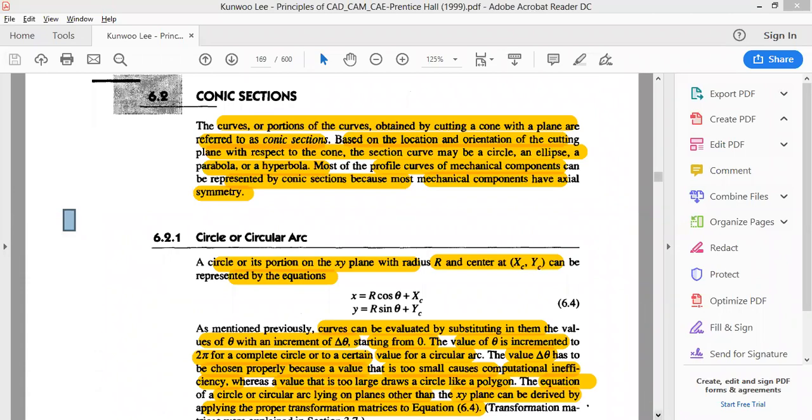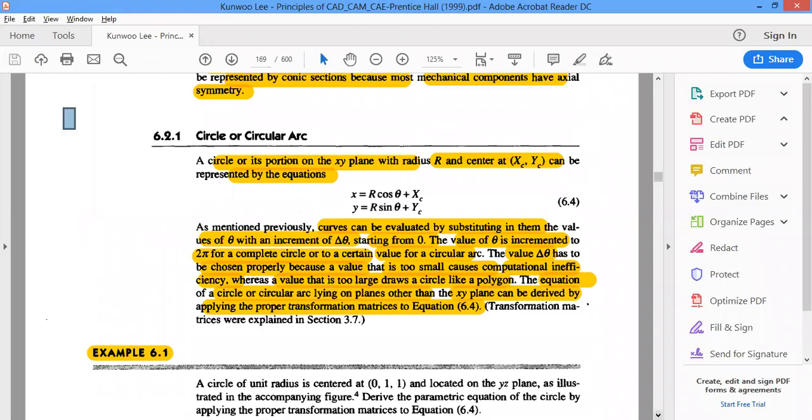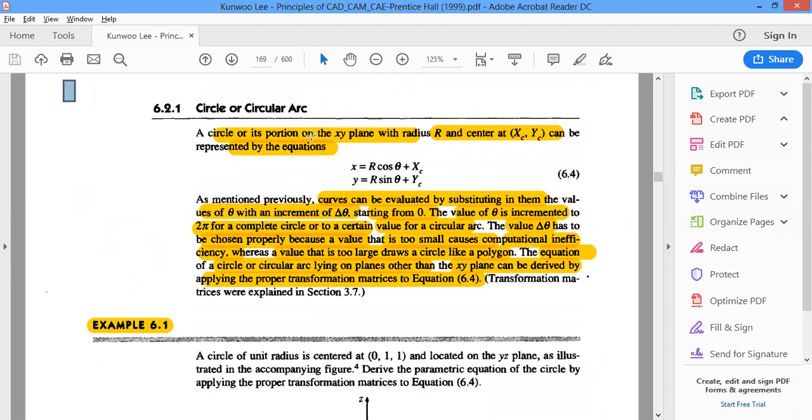So for a circle, let us assume that we have a circle on the xy plane. Let me draw that. We are going to have a circle on the xy plane whose radius is r, and at the center the value is xc and yc.